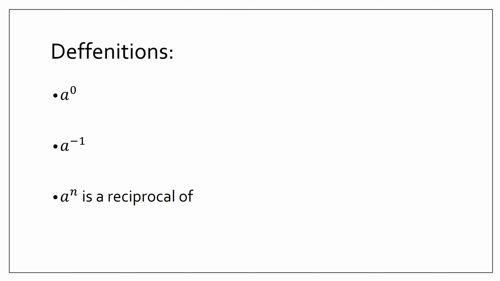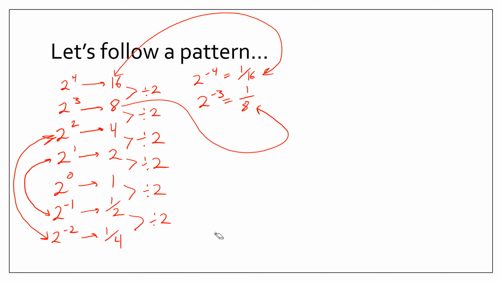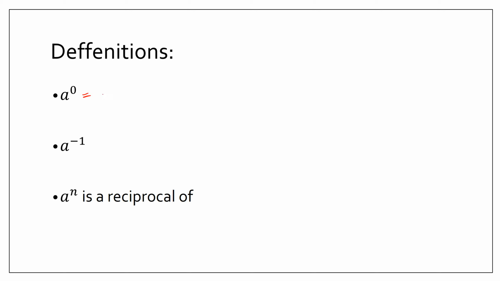So, some definitions. A to the 0, meaning anything I want to the 0, is always going to end up being 1. So interestingly, anything to the 0 power is 1. Many times people think it equals 0. No, it doesn't. It's 1. Follow the pattern. A to the negative 1 means reciprocate.